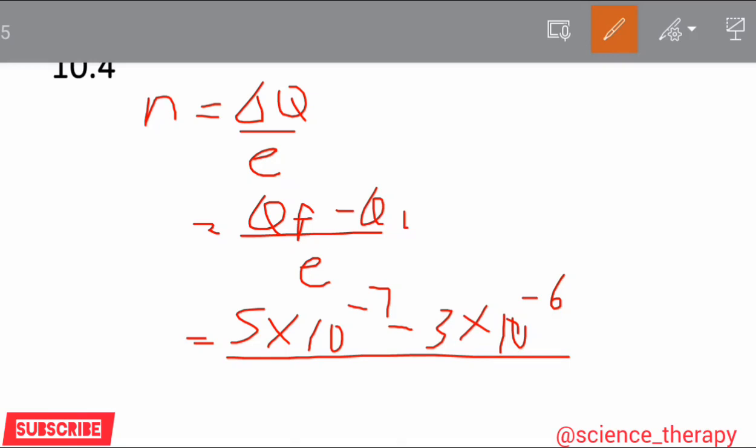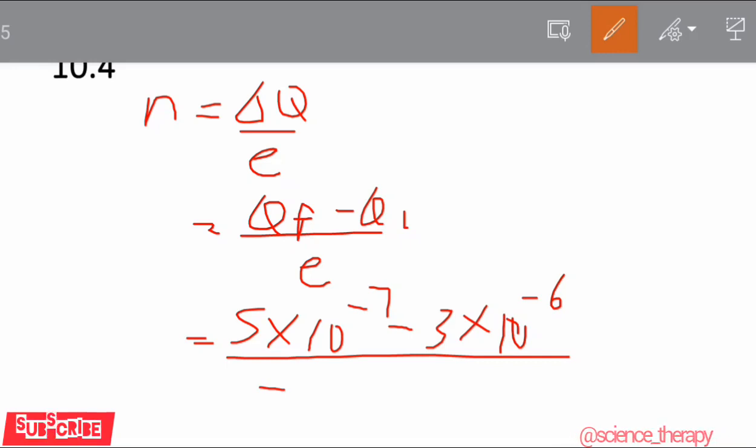So the first thing that you want to do before you substitute your E, just check here. Press this in your calculator and check if you're going to have a negative answer or positive answer. From this, we will get a negative answer because here we are taking a smaller number and we are subtracting a bigger number from it.